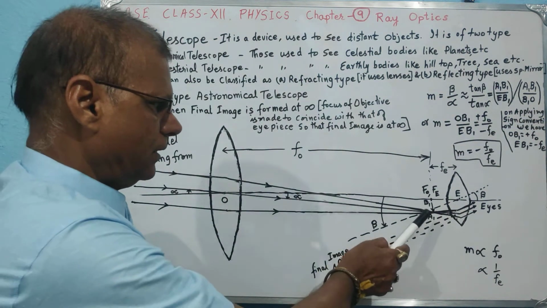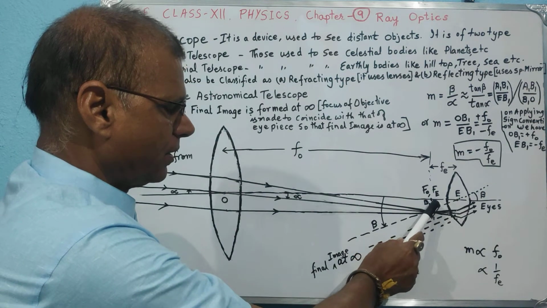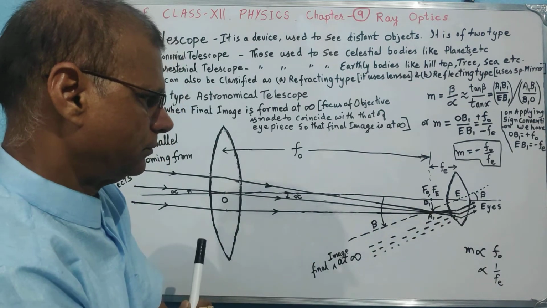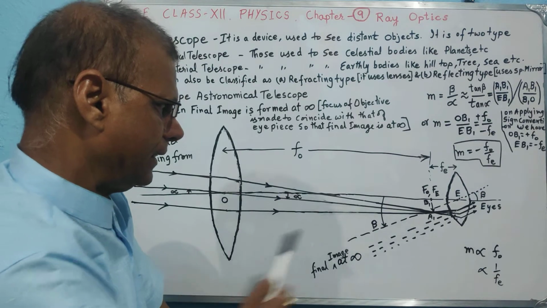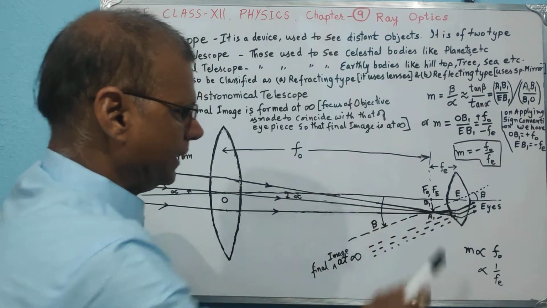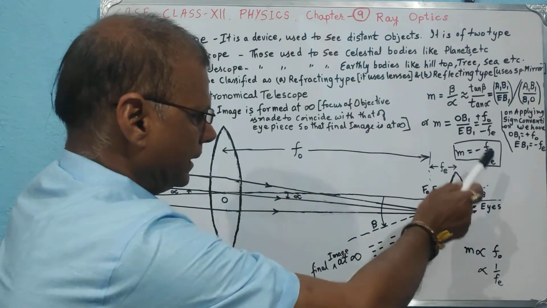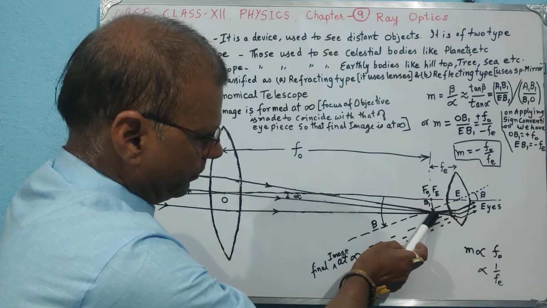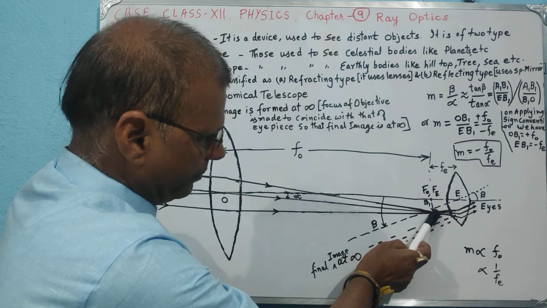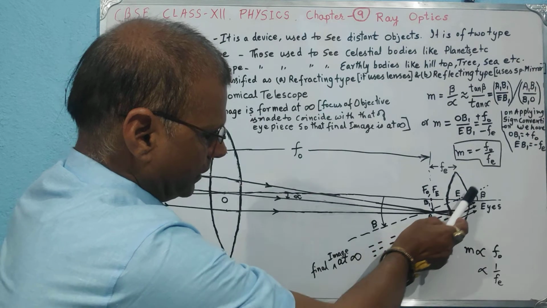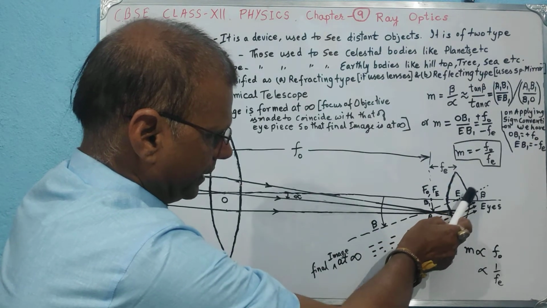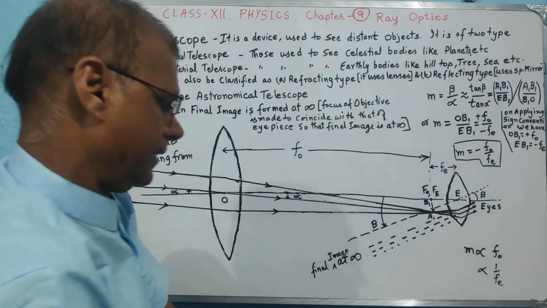Now one thing you have to bear in mind is that any ray which passes through the optical center passes undeviated. So if we consider some ray coming from point A1 and passing through the optical center of the eyepiece, then it should pass undeviated.